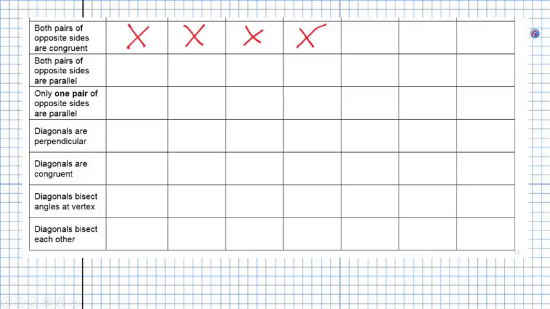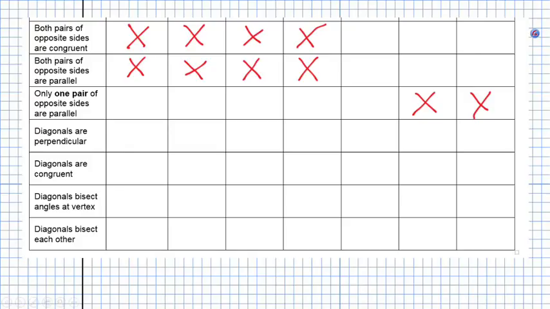All right, and then both pairs of opposite sides are parallel. Again, that's a parallelogram for you. And then a rectangle, and then a rhombus, and also a square. All right, and only one pair of opposite sides is parallel. Well, we know that that's a requirement of a trapezoid, so let's go ahead and mark our trapezoids.